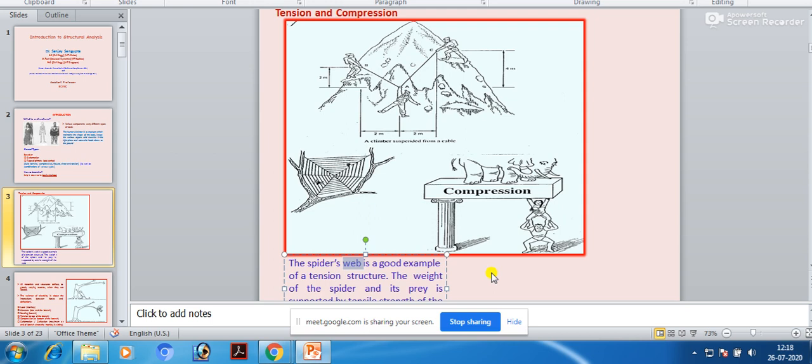Whenever there is a load coming onto the structure, there will be deformation of the structure, and you will have to restrict your deformation to such a level that it does not go beyond a permissible limit. If it goes beyond a permissible limit, the structural assembly will fail.